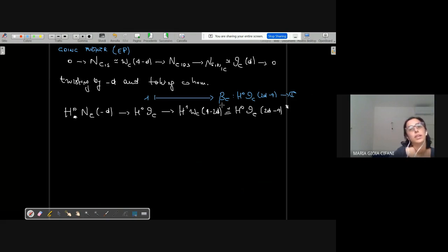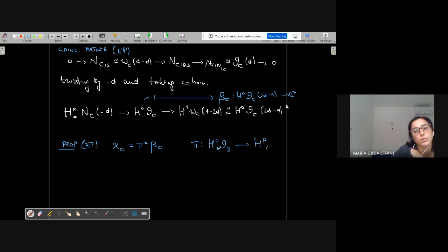And this beta C, this is a proposition, the key proposition of Resgrande and Peschina, is that alpha C before is the pullback of this beta C, where pi is the map sending H0 OS degree by degree to H0 OC.